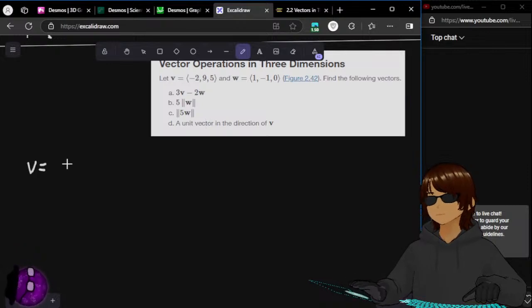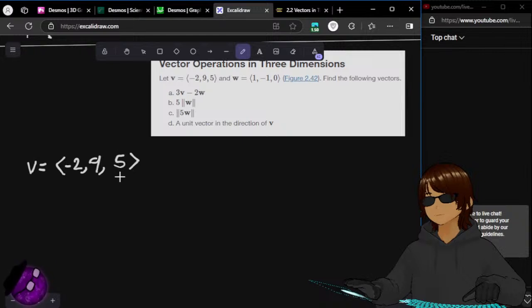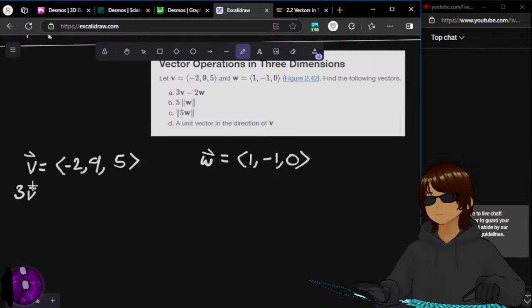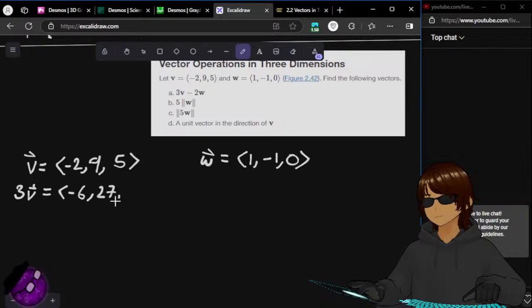V is equal to negative 2, 9, 5, and then W, I'll just write it like this: 1, negative 1 and 0. And then 3V is negative 6, 27 and 15.